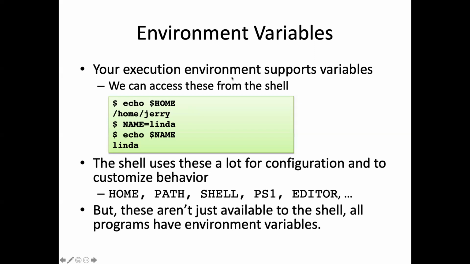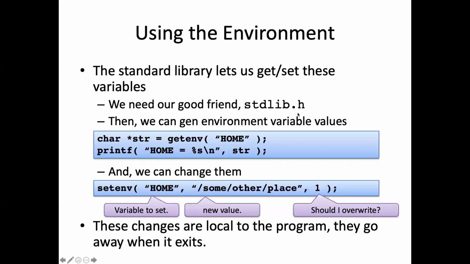So if you're writing a C program and you want to look at an environment variable, and when I say that, I mean you want to know the value of an environment variable, there's a getenv function that takes as a parameter the name of any environment variable you want, and then it returns a string that's the value of that.